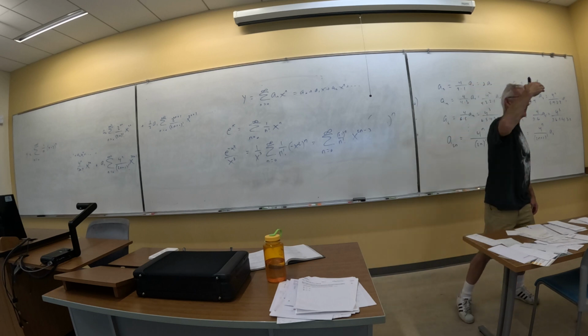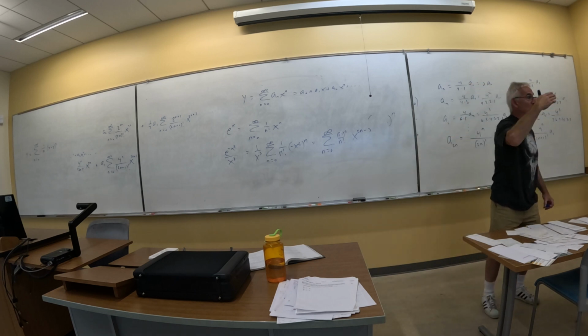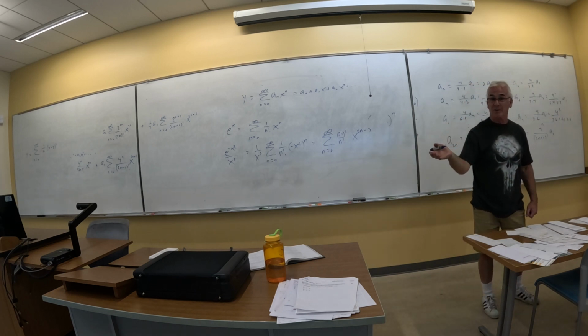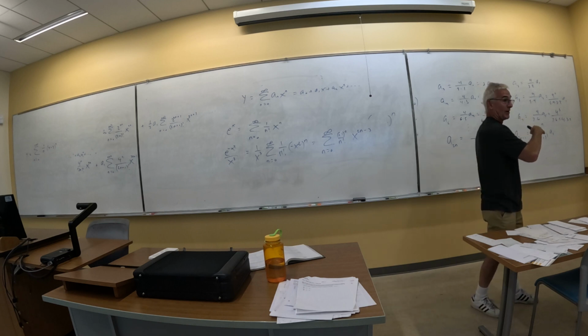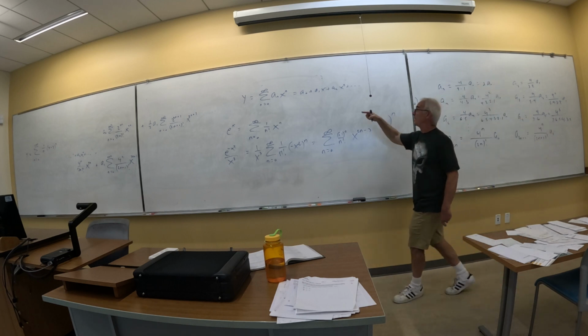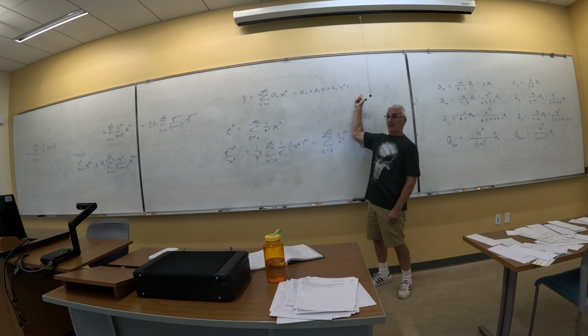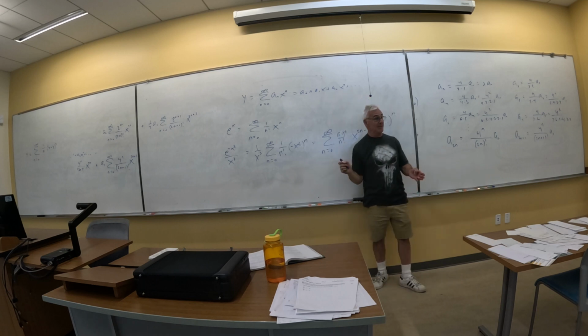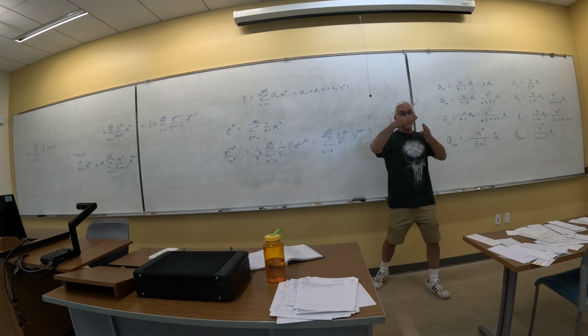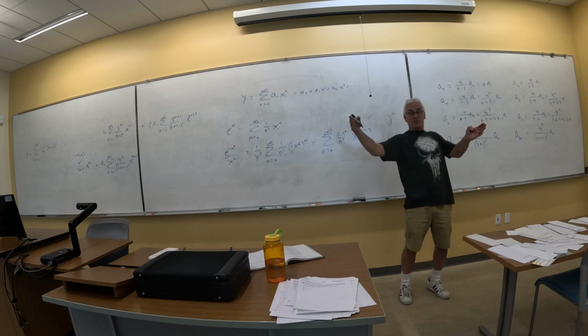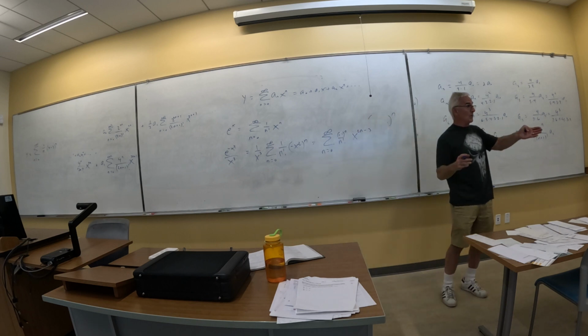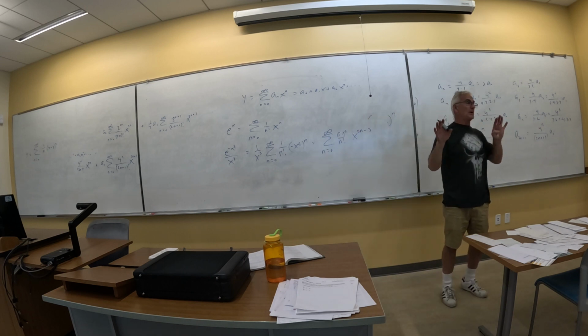But every a that came after that, if it was even, was a multiple of a0. If it was odd, was a multiple of a1. That's what we figured out over here. And so then we rewrite this with all the later terms expressed as multiples of a0 and a1. That's why I could write 2 different summations, one with an a0 factored out, one with an a1 factored out. But we separated them very specifically odd and even.